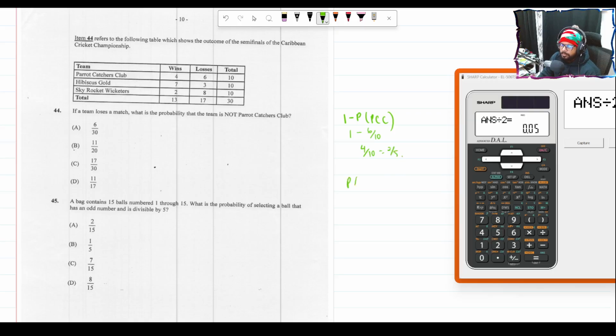So the probability that it is not Parrot Catchers Club, given that the team loses, is going to be 2/5 divided by the probability that the team loses. The probability that a team loses is 17 out of 30. So 2/5 divided by 17 out of 30 gives 12 out of 17, which is not an option there.